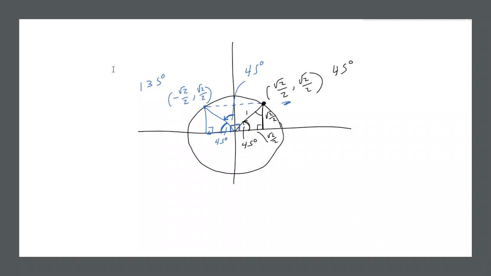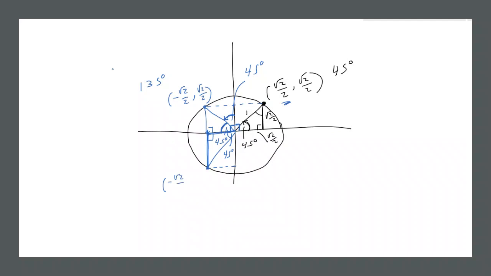Now, there's another way we can reflect this and fit that same triangle in the unit circle again, right here. This angle, 45 degrees. What are these coordinates going to be? Well, again, the base and height of the triangle is exactly the same, but now we're working with the negative y-axis and the negative x-axis.